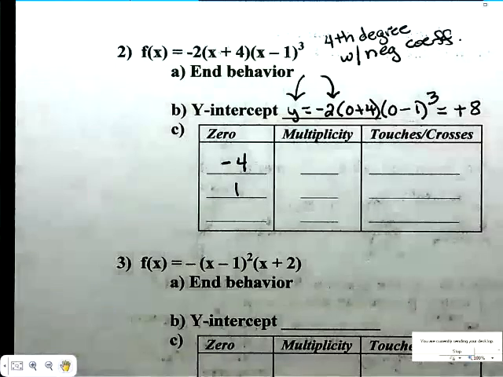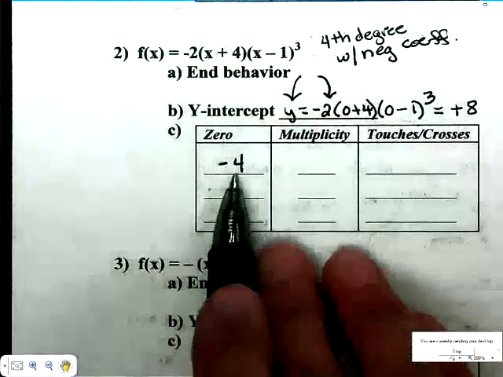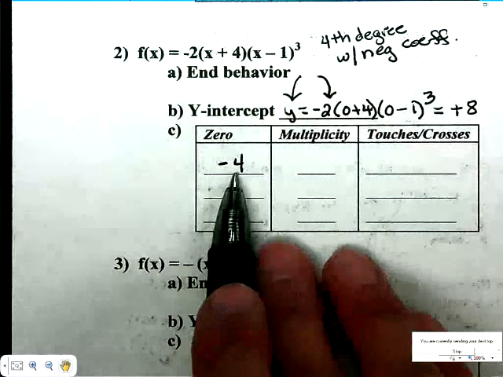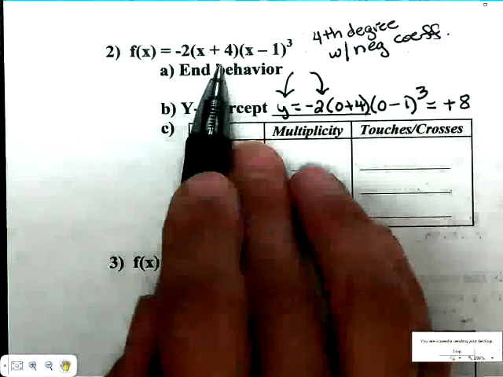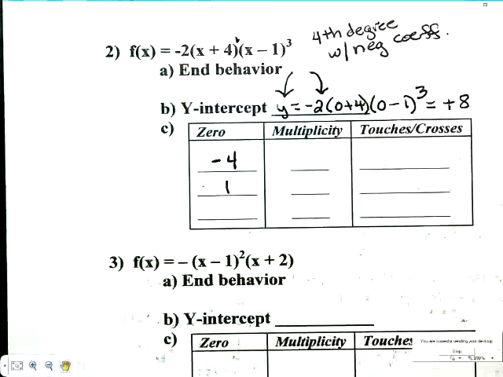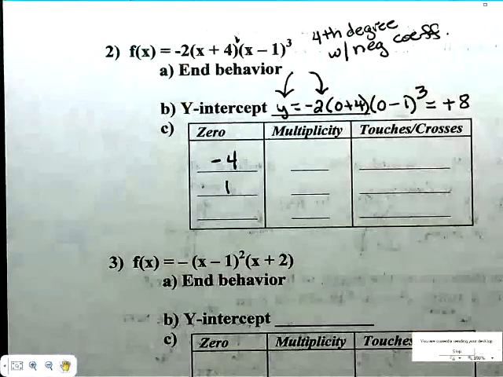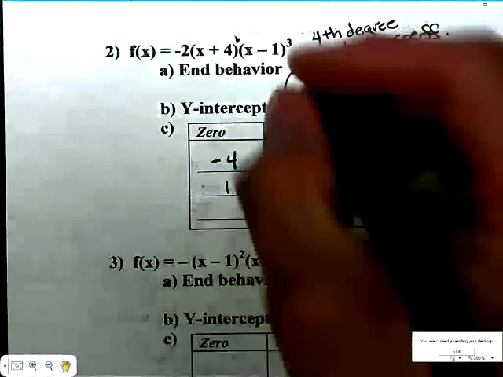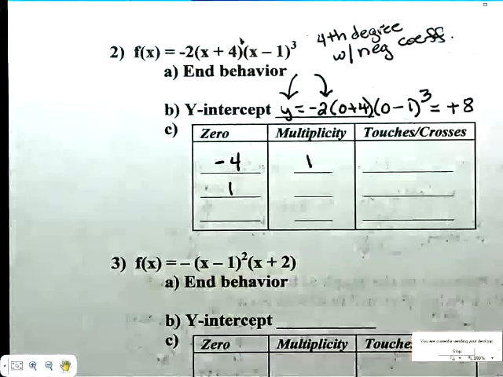What is the multiplicity of the zero, negative 4? The exponent of the factor x plus 4 is 1. So this is a big sentence you can use to impress people at parties. Negative 4 is a zero of multiplicity 1. That means the graph does what at negative 4?